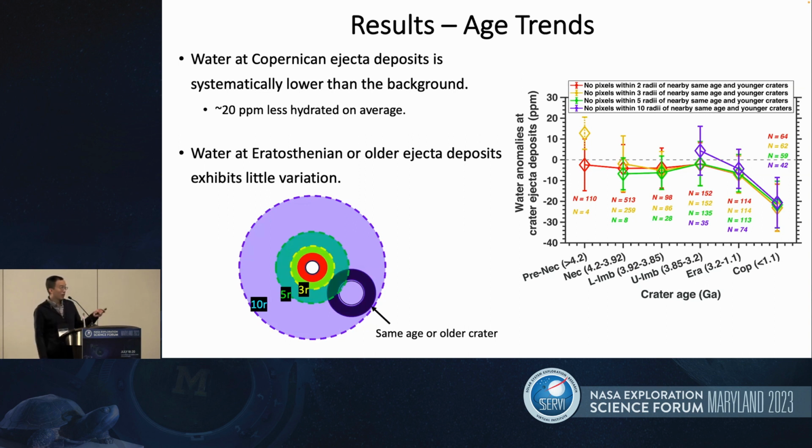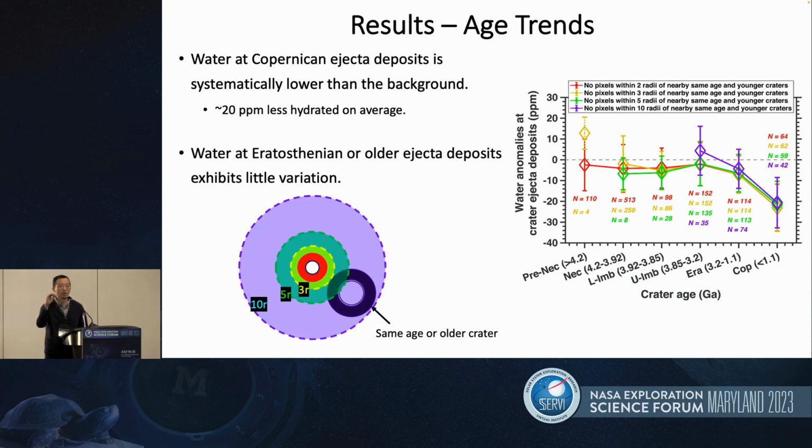But overall, we get multiple trends for those almost 1,700 craters in 6 age groups on the red plot. They are in different colors, but overall, for craters older than Eratosthenian, so older than around 1.1 billion years, it's almost consistent.